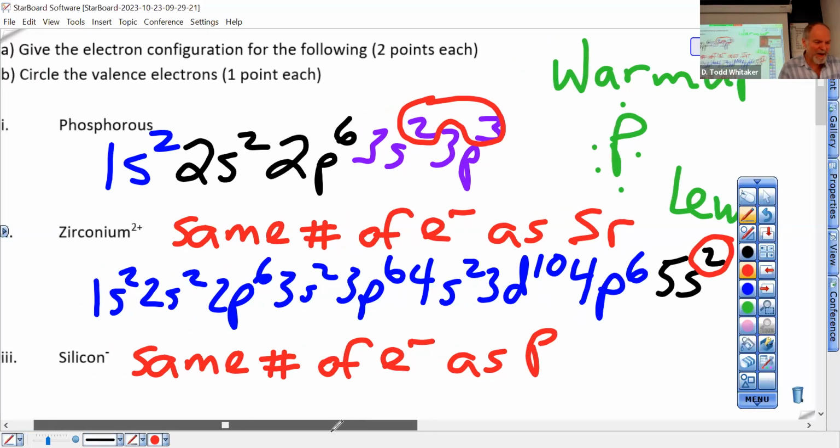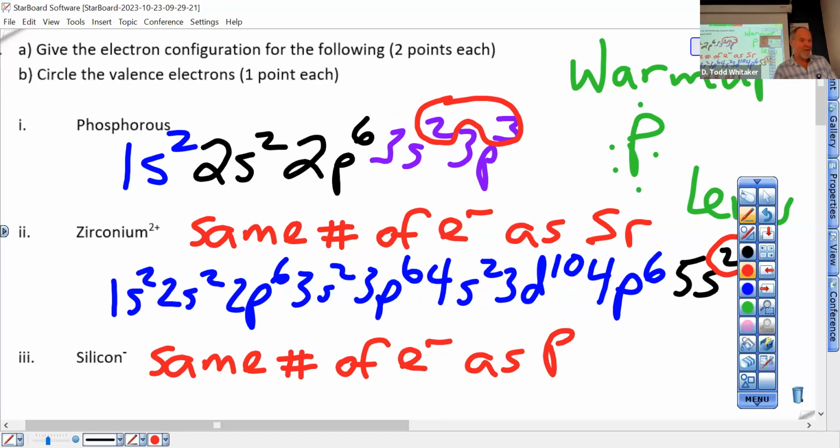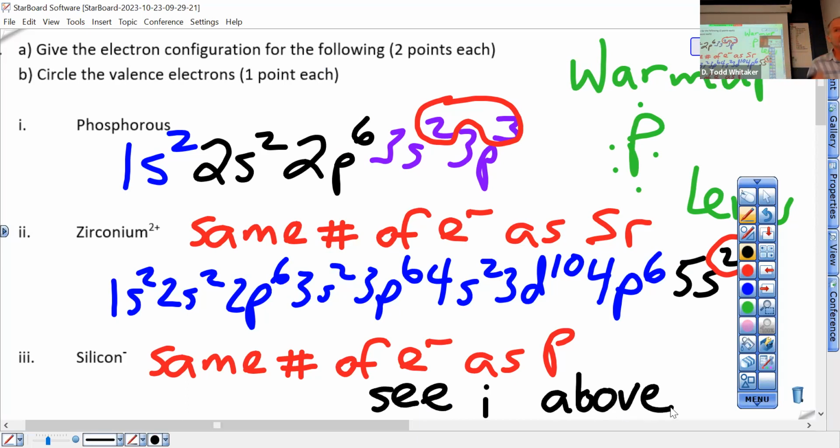This will not happen on Wednesday, but if it does, you can say see answer above. It is the exact right answer. It saves us a little time today. You've already done P. That was a total coincidence.